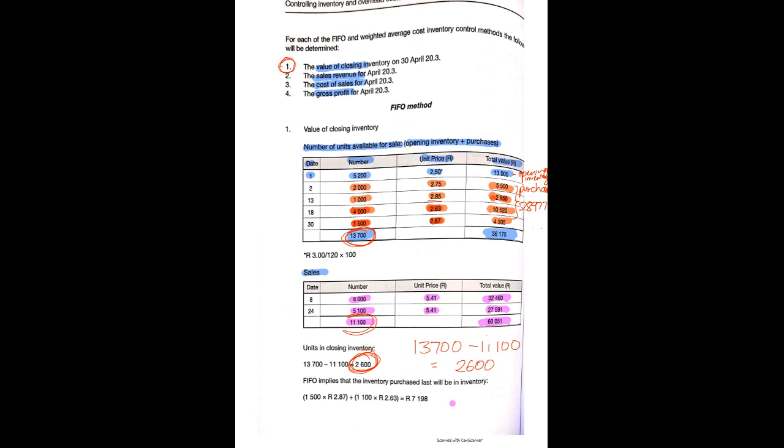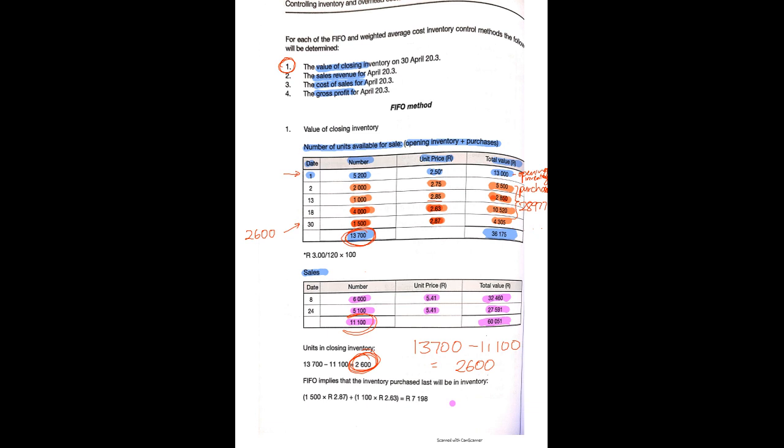So basically, to make up the 2,600 units that are left at the end of a period, we're not going to start at the top because those will be sold first. We're going to rather start at the bottom because these are the units that would have still remained because they were bought later, so they will be sold later. So these are more likely to be the items that are still remaining as the closing inventory.